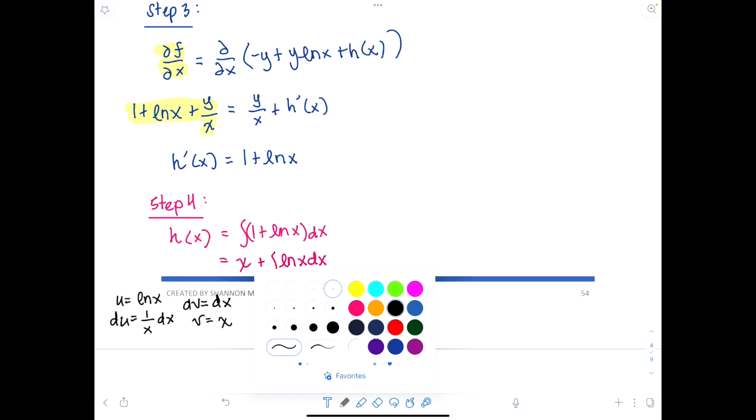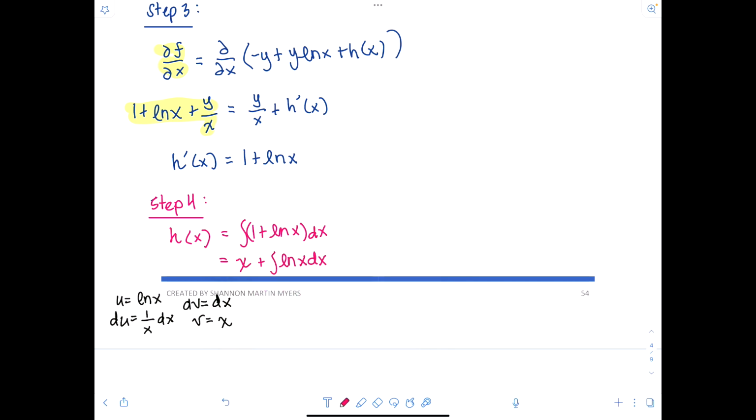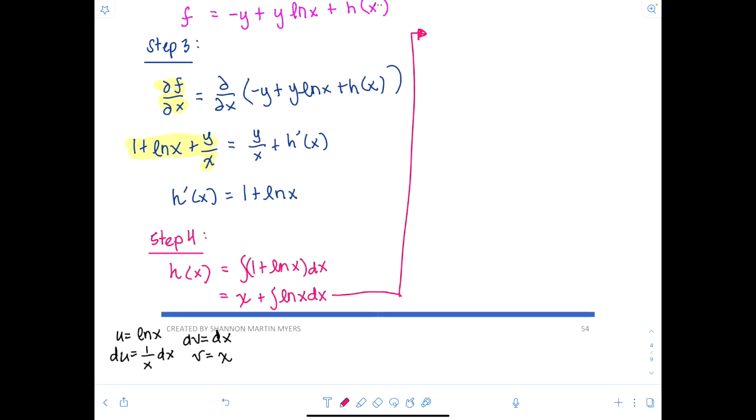Now, continuing on with our antiderivative here, I'll just keep writing my h of x. So h of x will equal x plus, remember integration by parts, u times v, so I'm going to write it as x times natural log of x minus the integral of v du, x times 1 over x dx.